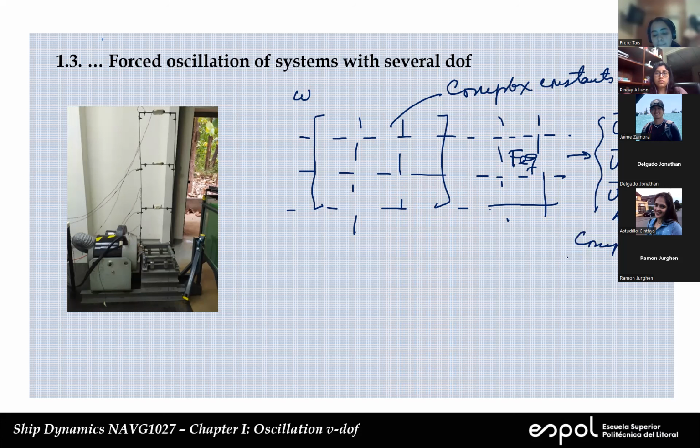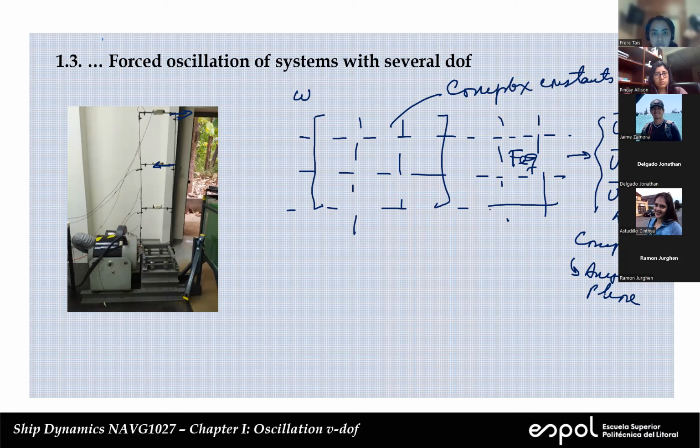After we calculate the complex quantities, you can calculate the amplitude, which is the most important part. The phase is also going to be very important because when we analyze the experimental results, you see that in some points, this goes to the right and this goes to the left. We can see that in the phase shift.